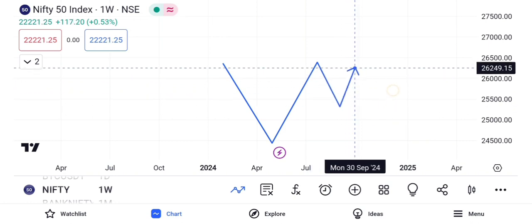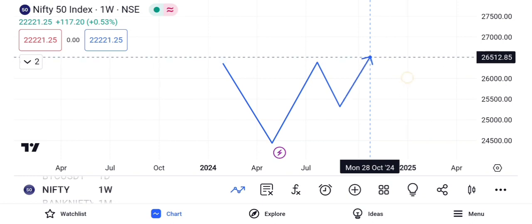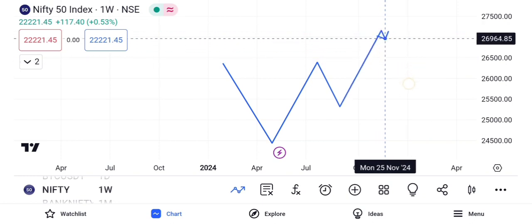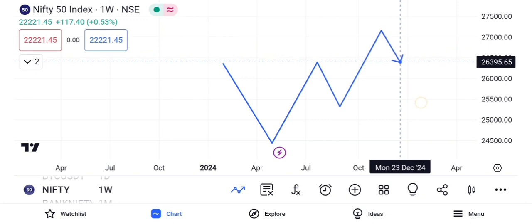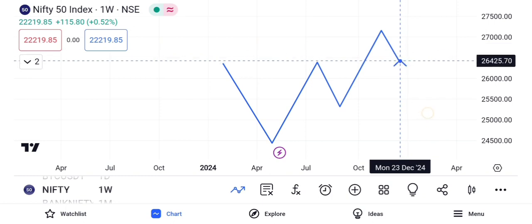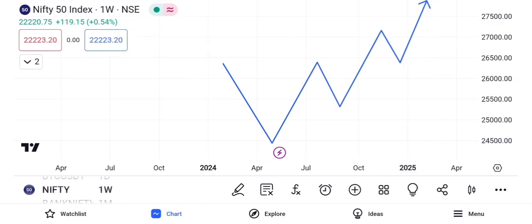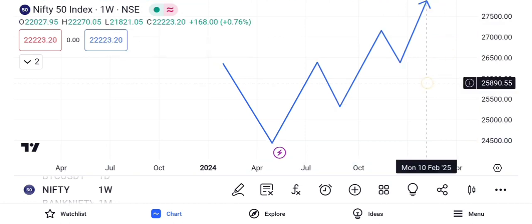Okay, and this is the resistance level. If the market breaks this level, and after a retest on this particular resistance level, you make the entry at this particular point, and this is the swing you ride. Okay, so this is the meaning of this cup and handle pattern.